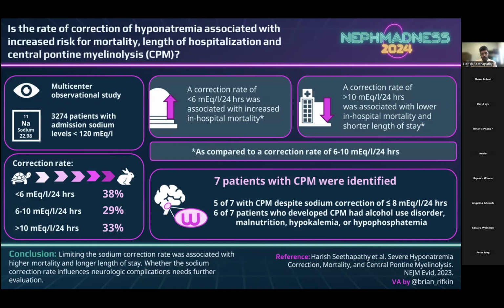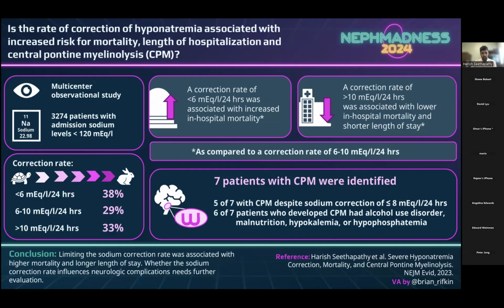So we needed to keep that as a reference group. And we looked at a group less than 6 and then greater than 10. And as you can imagine, even in this group of patients with severe hyponatremia, no matter what you do, and we've been practicing within the realms that 6 to 10 is probably the way to go, 30 to 40% of our patients are going to correct fast no matter what we do. So what did we find?